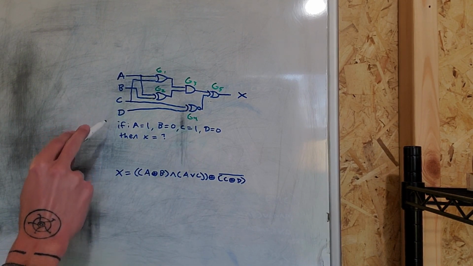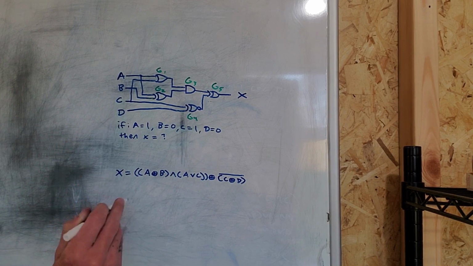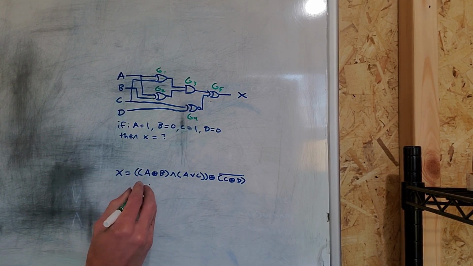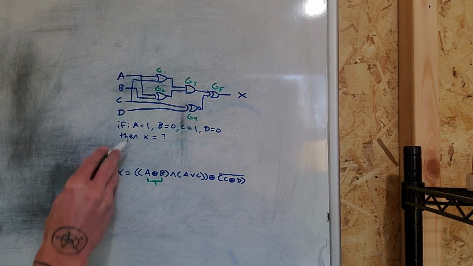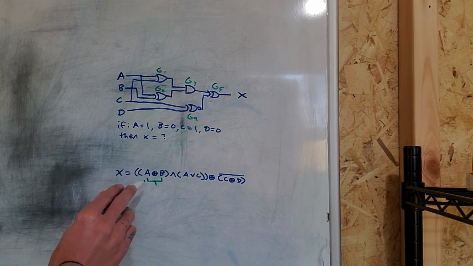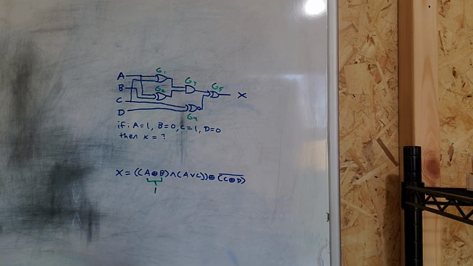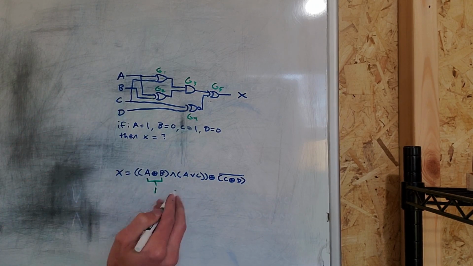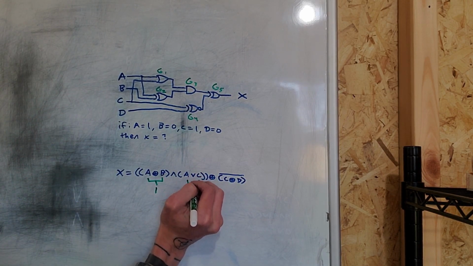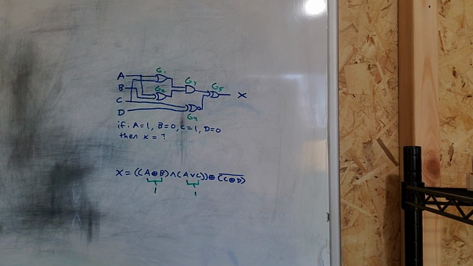Starting off with G2, the A XOR B. Since A is 1, B is 0, A XOR B will be 1. Then we have A or C. Now A is 1, C is 1, so 1 or 1 is 1.